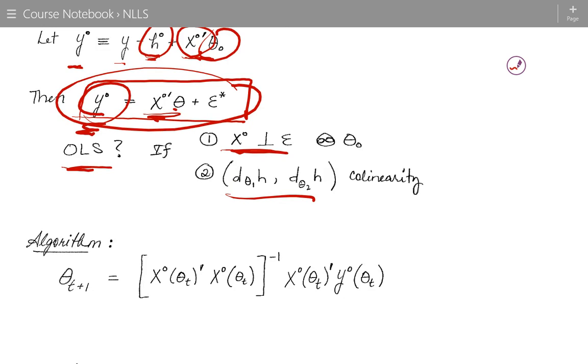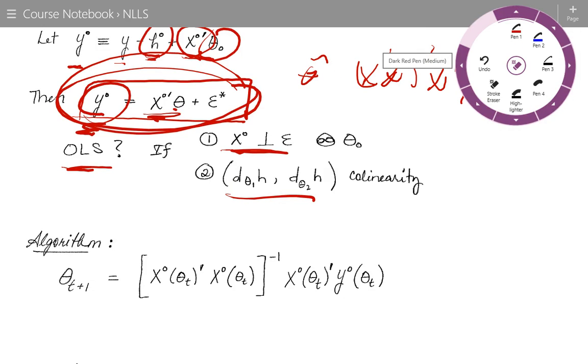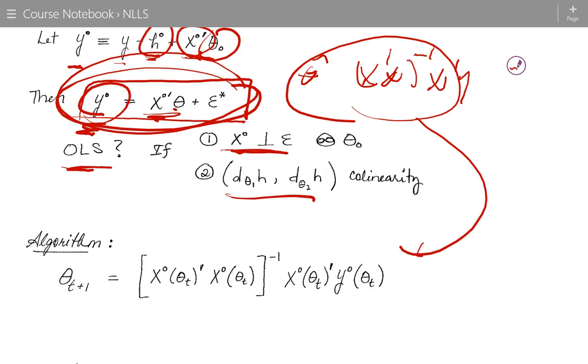But the solution to this in its basic form is the X transpose. If you remember, if we were to get an OLS estimator, it's going to be X transpose X inverse X transpose Y. Take that and come down, and we've got our X transpose X inverse X transpose Y. And just create an algorithm out of that.